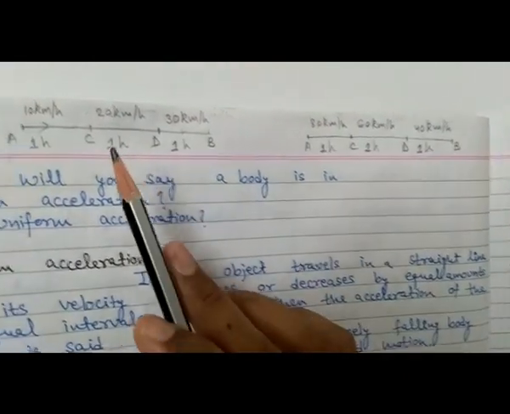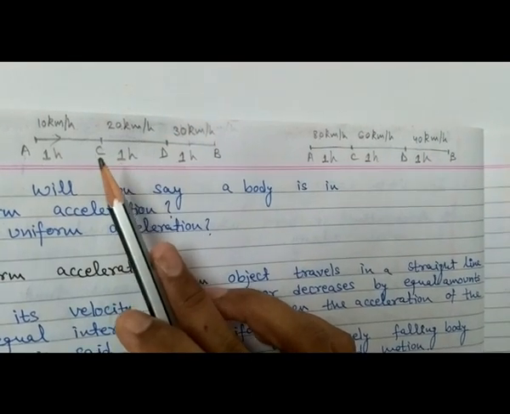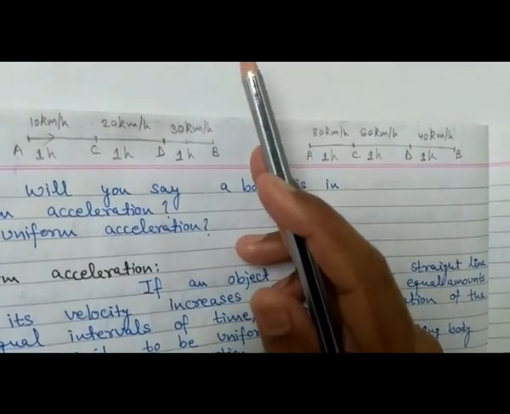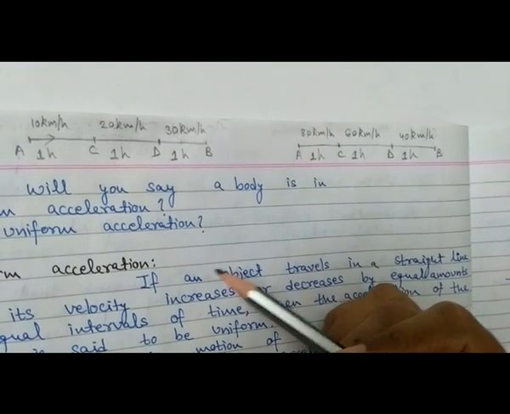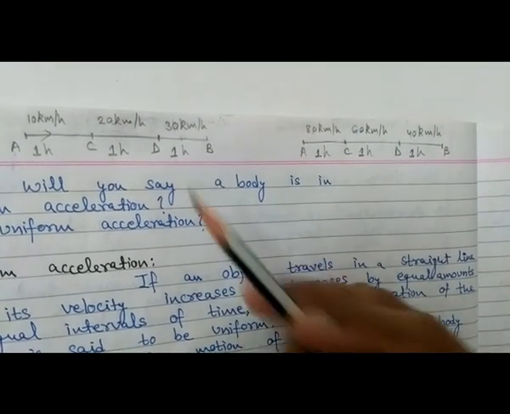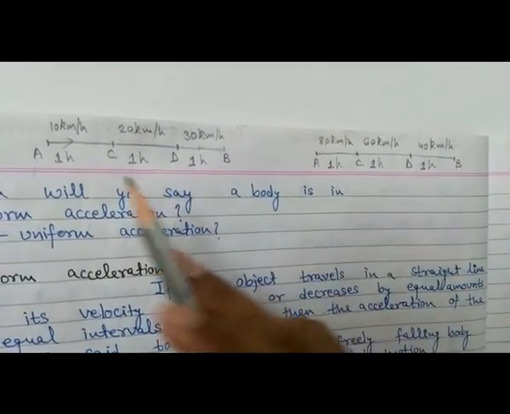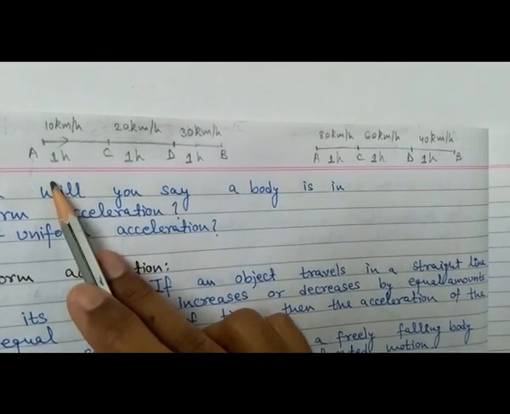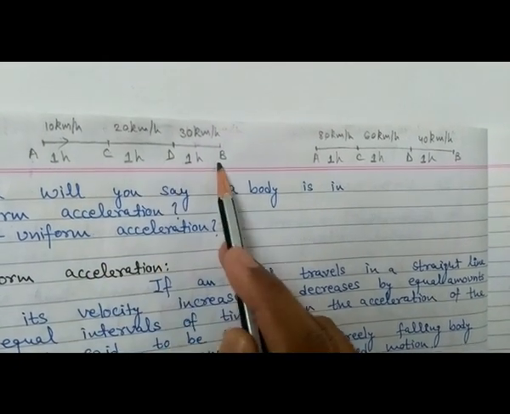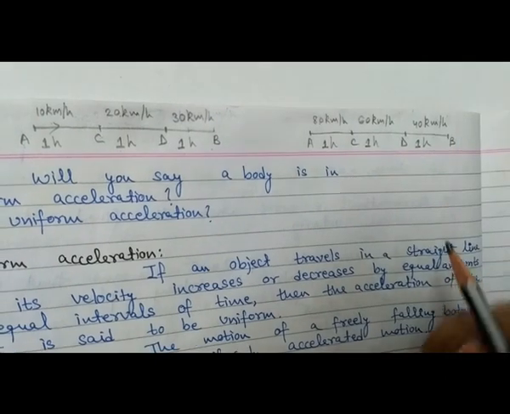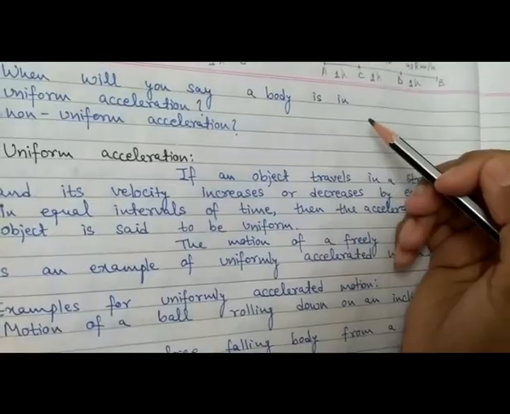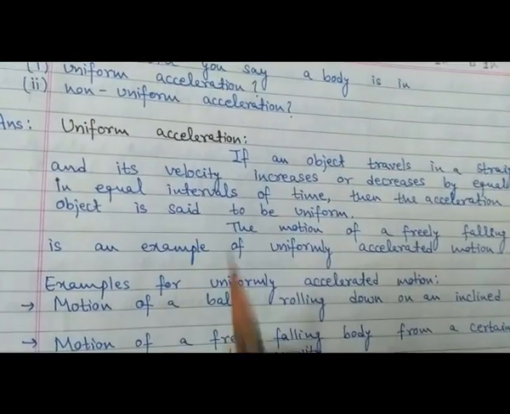So if there is an equal amount of increment or decrement in the velocity in every equal time interval, then I'll call that the body is in uniform acceleration.